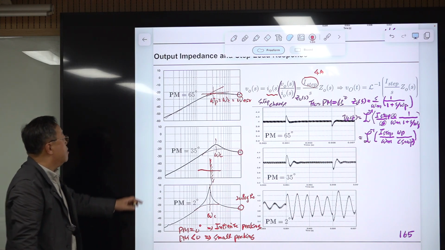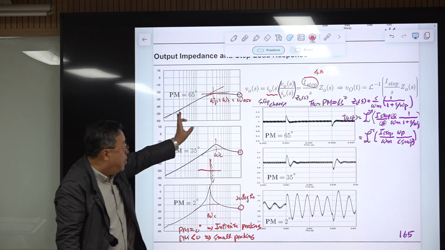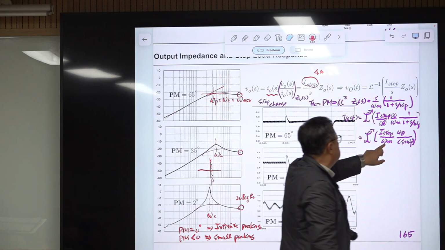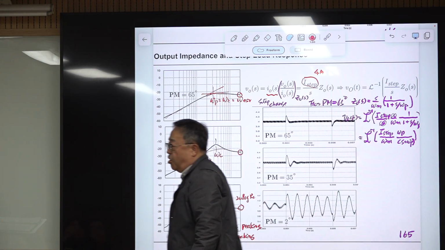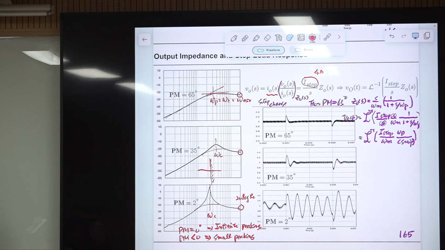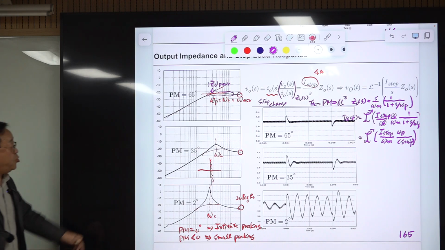But there is some information here. So you don't know this frequency, omega m, it is unknown here. But there is just some hint here. So from this, we know this. Suppose we know this maximum value of output impedance. This is the GO magnitude peak, which is this line. Okay, this value. Assume this is a horizontal line.